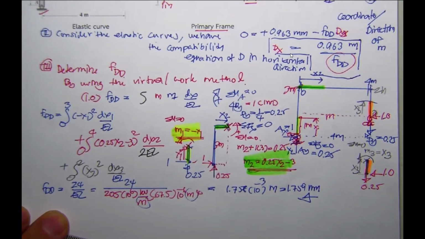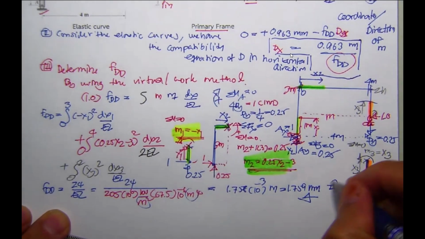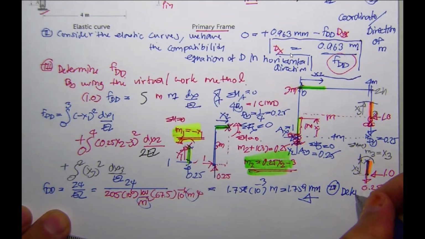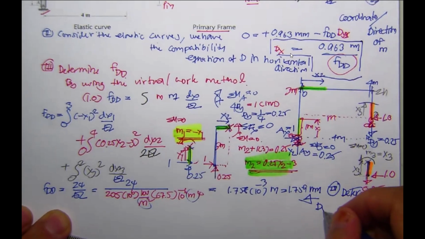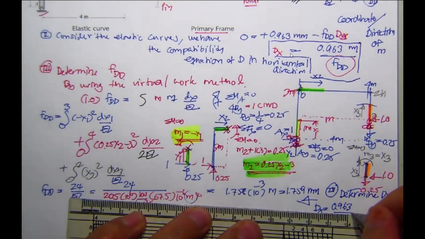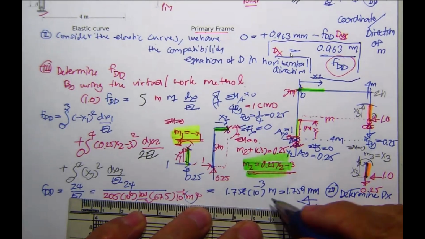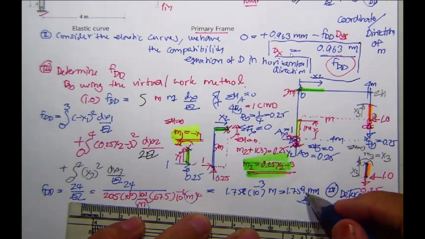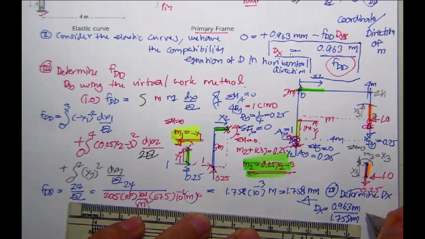Now, number 4, our d sub x is going to be 0.963 millimeter divided by 1.758 millimeter.